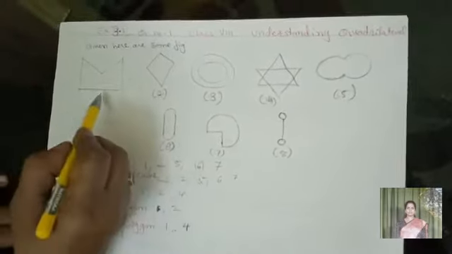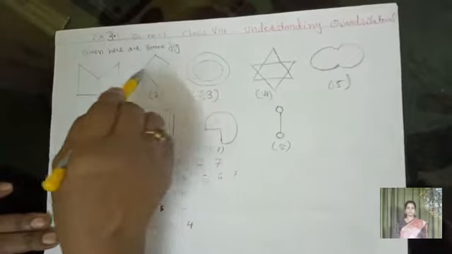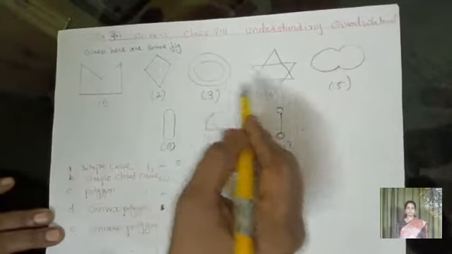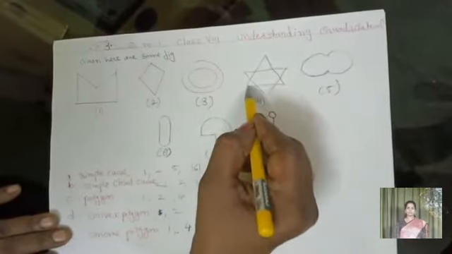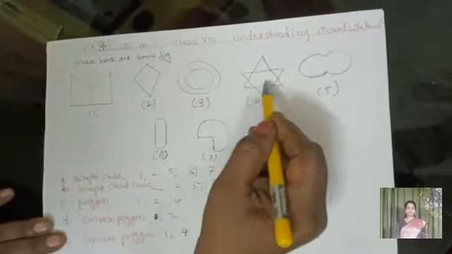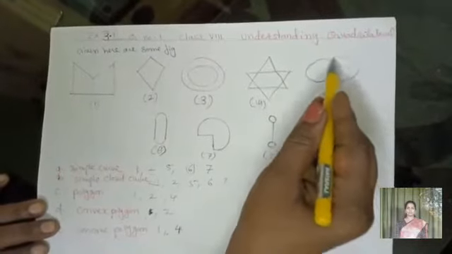So here the first we can draw without lifting the pencil. Second also we can draw without lifting the pencil. Third and fourth are not possible, because if we draw this, then again we have to lift the pencil and go for the second. So this is not a simple curve. Fifth is a simple curve.